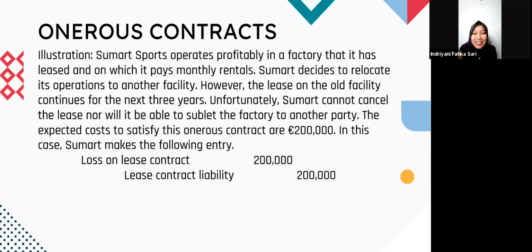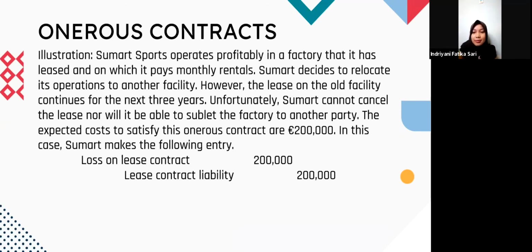Unfortunately, Sumbar cannot cancel the lease, nor will it be able to sublet the factory to another party. The expected cost to satisfy this onerous contract is 2,100. In this case, Sumbar makes the following entry: loss on lease contract in the debit and lease contract liability in the credit.